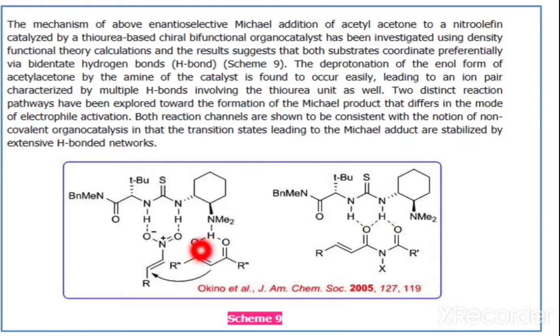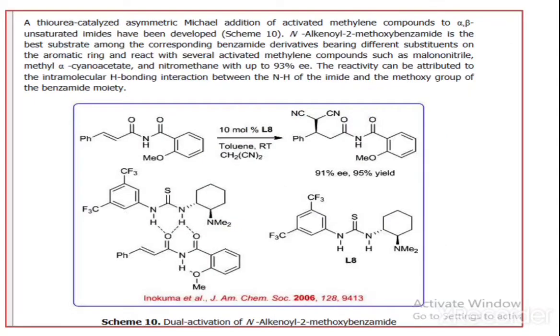In this picture all three hydrogen bonds are shown. Here only two hydrogen bonds, that means here these amine groups are not involved, and here the amine groups and the nitro groups with this hydrogen are involved. That is the difference between these two transition states.